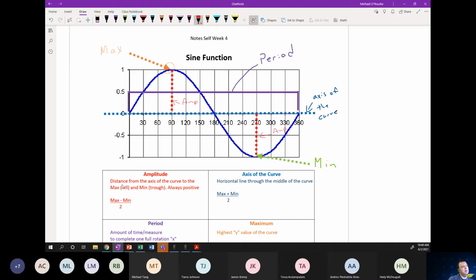So amplitude, distance from the axis of curve to the max and min, and this number is always positive, and the equation is max minus min divided by 2. Okay, so from the top to the middle and from the bottom to the middle. An axis of a curve is the horizontal line that cuts the curve in half, and we go max plus min divided by 2. Okay.